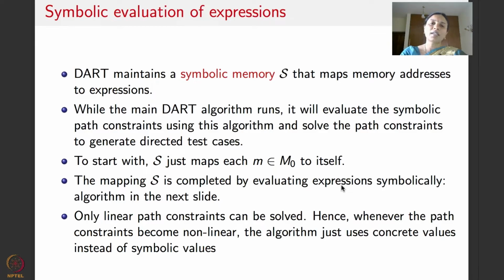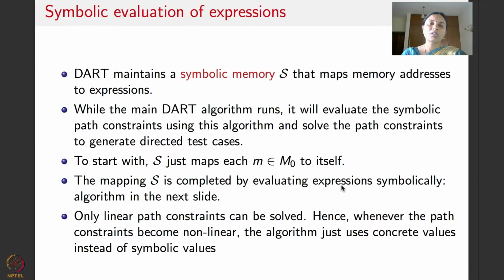It's fairly straightforward. Whenever an actual variable comes in the expression, you substitute the symbolic variable instead of the actual variable in the expression. But then ultimately, if you're going to use these expressions in your path constraints to give to a constraint solver, that's where the problem begins.